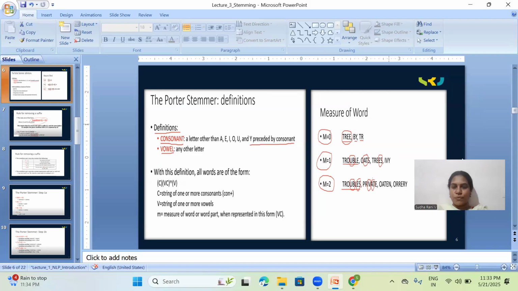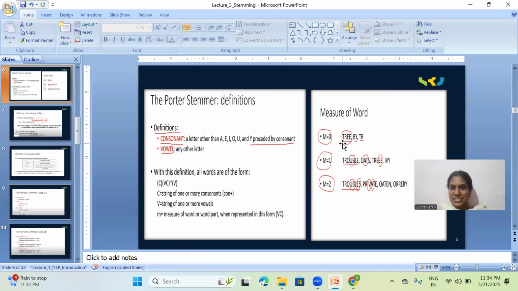So what is the measure of words? For example, M is the measure of a word or word part when represented in this form, VC. Here we see M equal to 0. Why?